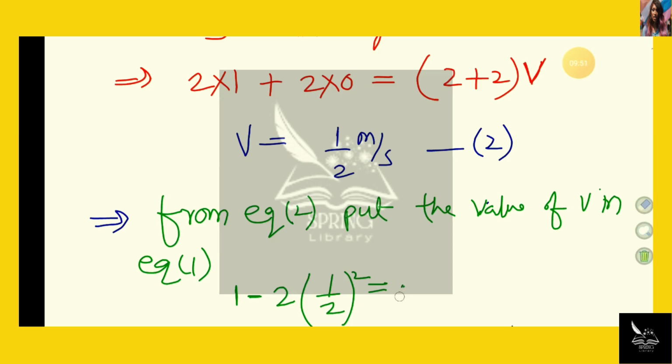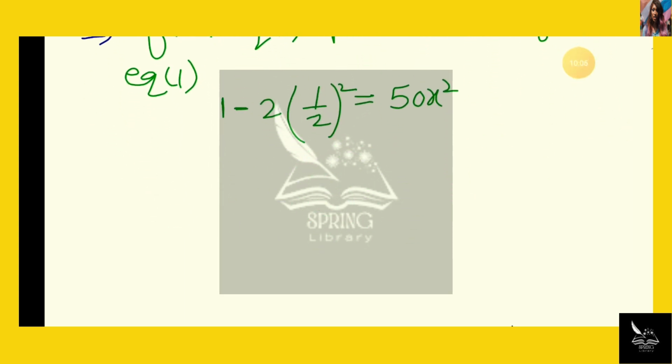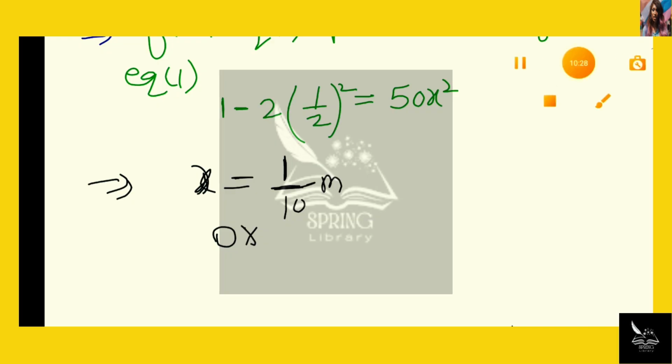Now simplify it, and I get the compression of the spring, X, equal to 1 over 10 meter, or in centimeter, X is equal to 10 centimeter.